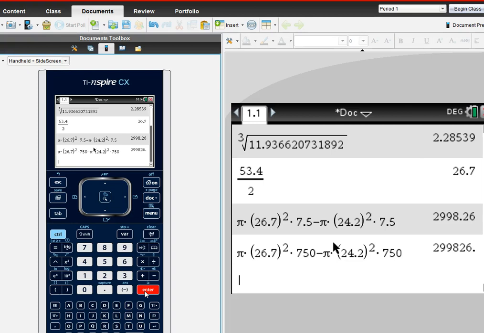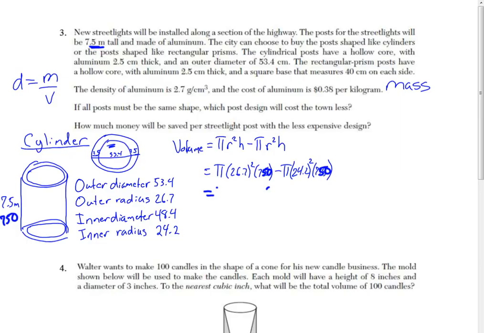Okay, so 299,826. Okay, 299,826 cubic centimeters. All right, now that's the volume.